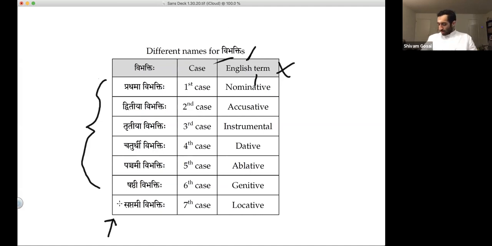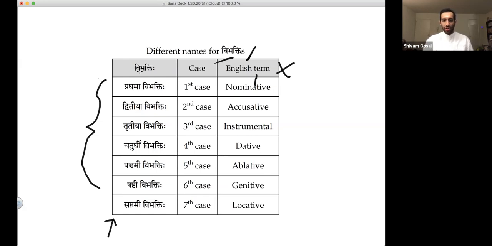Okay, so you can repeat after me. Prathama vibhaktihi, dvitiya vibhaktihi, tritiya vibhaktihi, chaturthi vibhaktihi, panchami vibhaktihi, shashti vibhaktihi, saptami vibhaktihi.